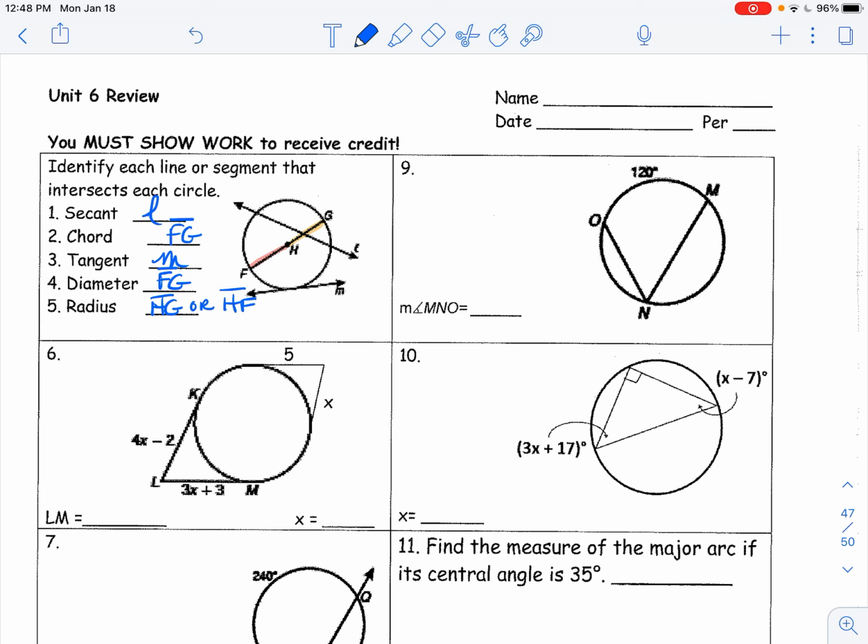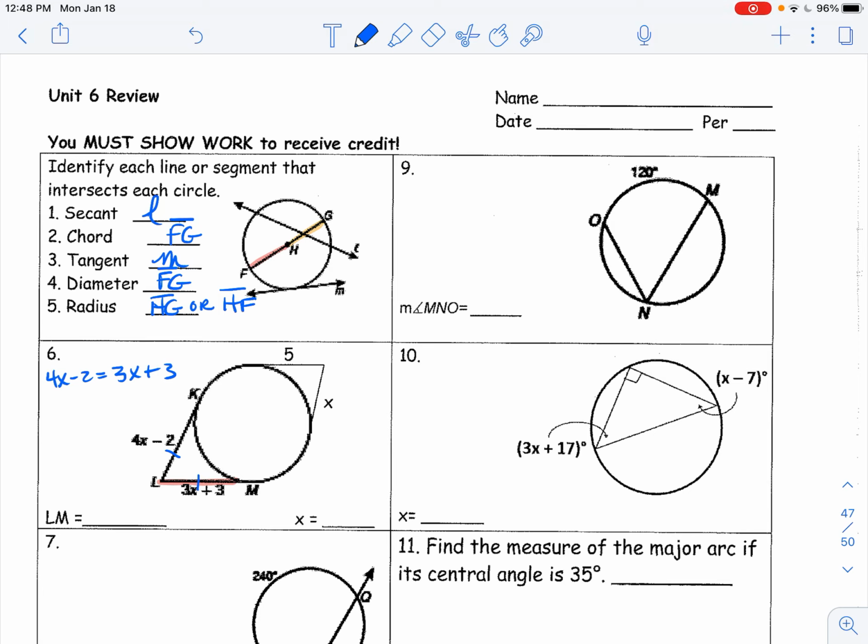In problem number 6, it wants us to find LM. In order to find LM, we've got to start by finding X first. I can set these two segments equal to each other and solve for X. So 4X minus 2 is equal to 3X plus 3.